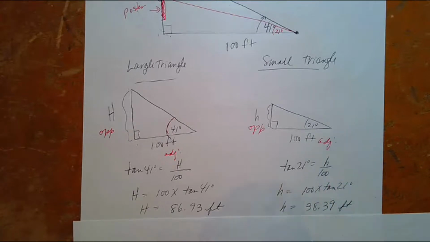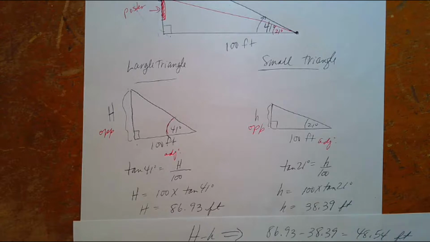Okay, so the difference between these two, big H minus little h, 86.93 subtract 38.39 is 48.54 feet.